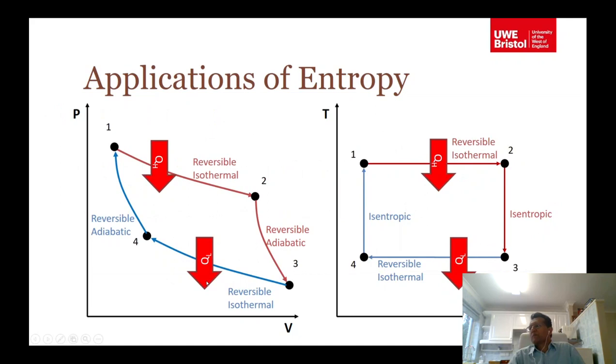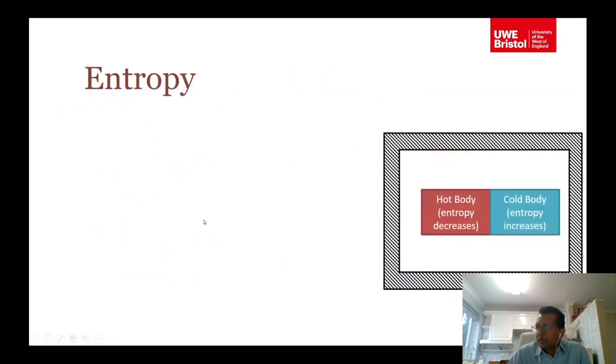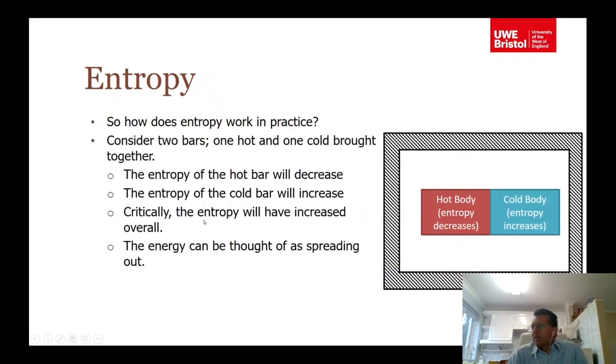Now, applications of entropy. When you have a hot body and a cold body, the entropy of the hot bar will decrease and the entropy of the cold bar will increase, but the entropy of the whole will have increased overall.